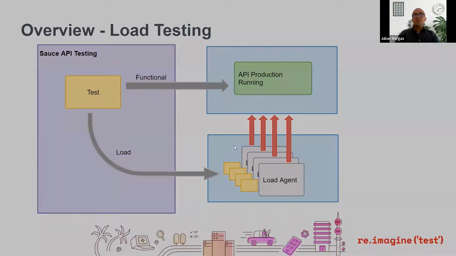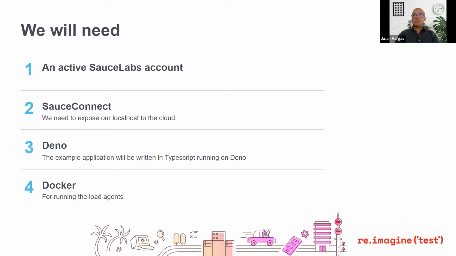What do we need for running this example? We need an active Sauce Labs account. We need Sauce Connect because the example application will run in localhost, and Sauce Labs runs obviously on the cloud, so we need a tunneling tool for accessing localhost from the cloud. So we're going to use Sauce Connect.